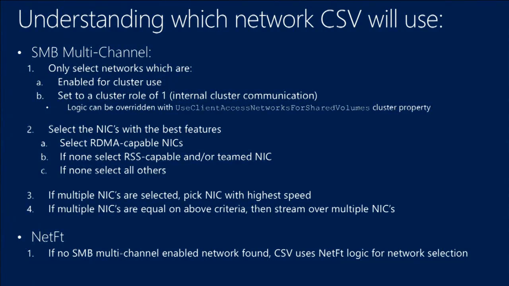If you want to configure client public networks for SMB multi-channel, then you have this property that you can set to true, or a value of 1, and then the cluster would pick up public networks along with the private networks and configure SMB multi-channel to use all these networks. And SMB multi-channel then uses the RDMA capability, NIC teaming, the speed of the NIC, all that prioritization, and streams the traffic for Cluster Shared Volumes.